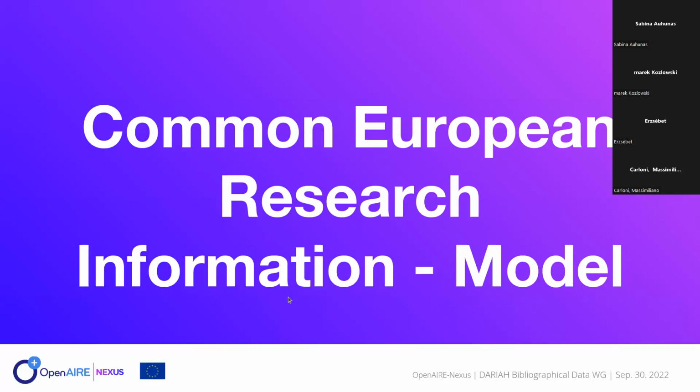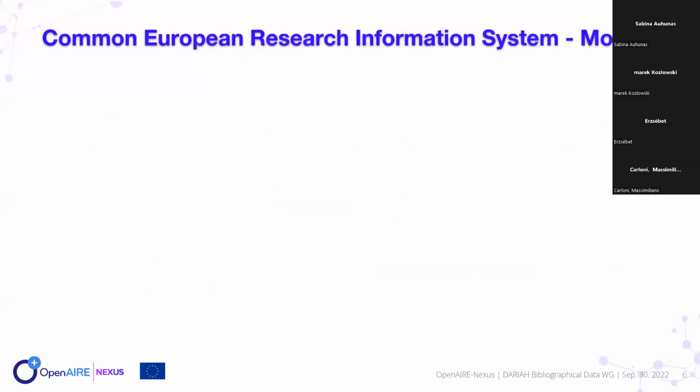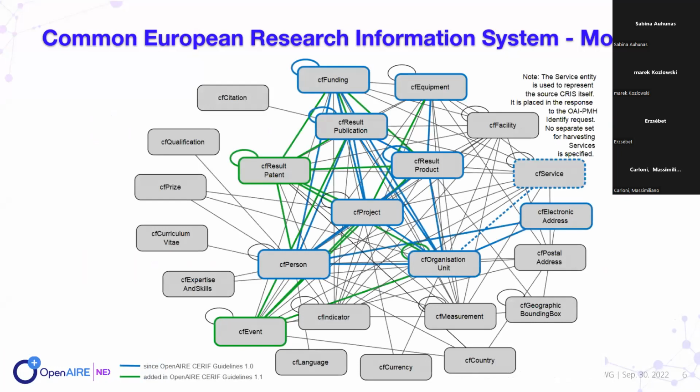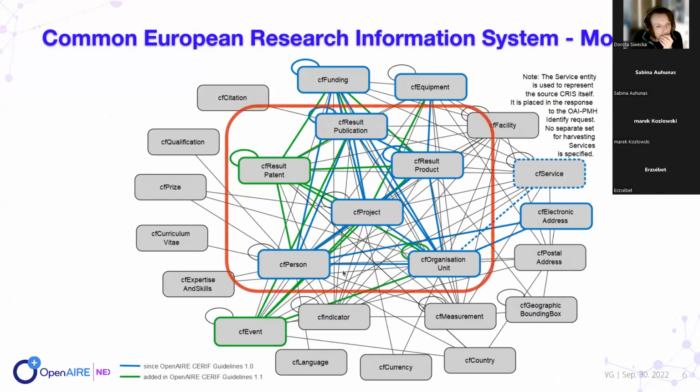A short overview of the Common European Research Information Model, which is mentioned. This is a high-level overview of the model with interlinking between different items and entities. OpenAIRE is focused at the moment on the middle ones.